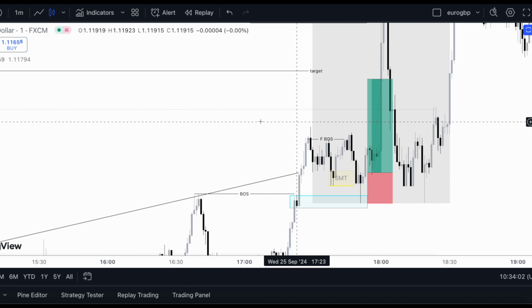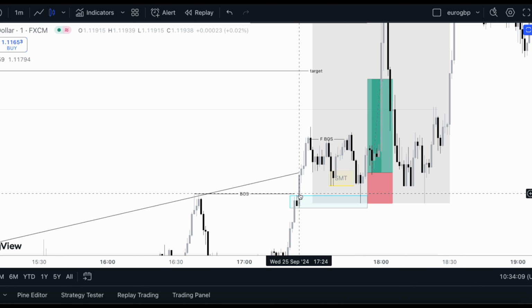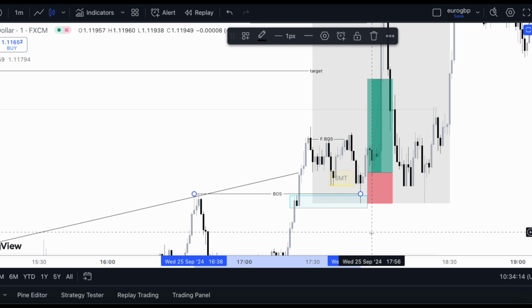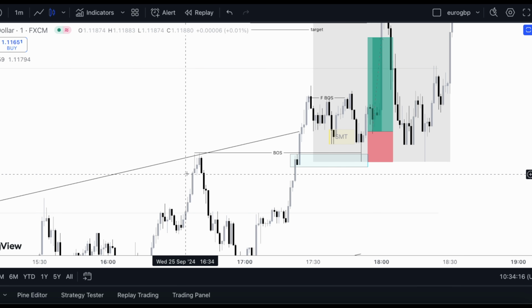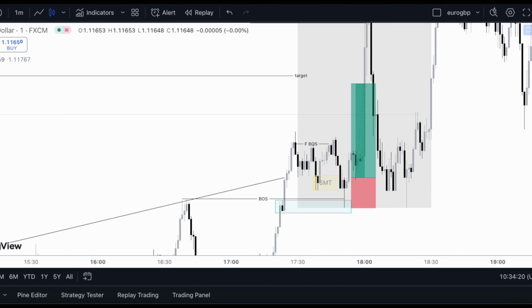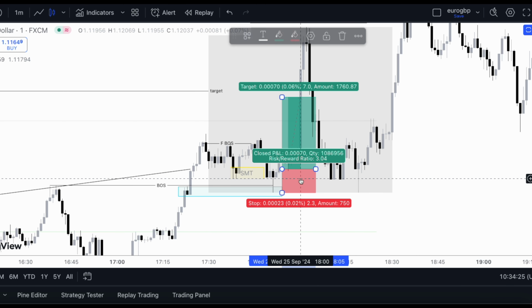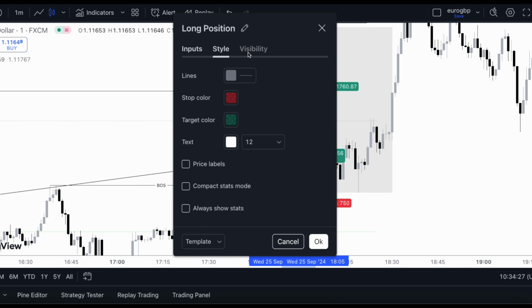Even though it is on the 1-minute time frame, it is still a very confirmed low risk entry. So the market came down and mitigated this push to the downside, this entire push to the downside. And once the market taps into this, just a moment.